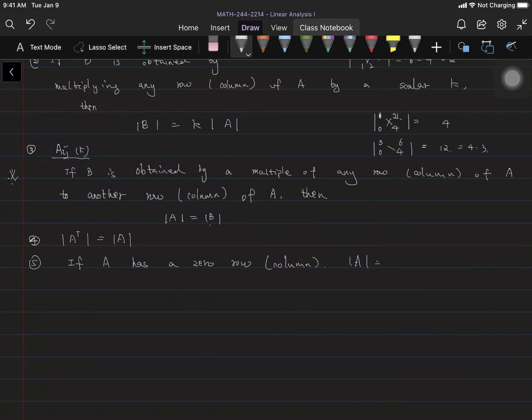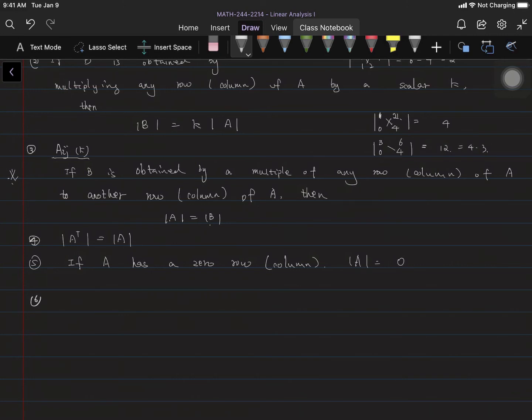We can use any row or any column to expand the calculation. So it's going to be 0 times the cofactor plus 0 times cofactor plus 0 times cofactor, because we have a 0 row, right? So every number in front should be 0. So at the end, it's going to be 0. So if there is a 0 row or column, the determinant is 0.